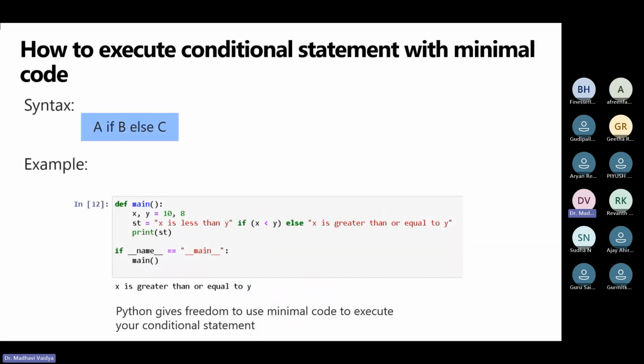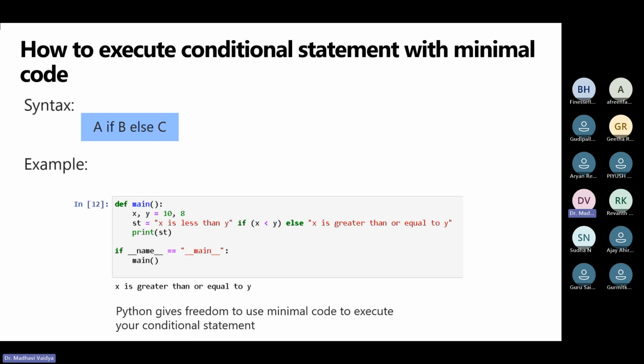Fine. So here, how to execute conditional statements with minimal code? Again, don't look at this def main and if __name__, because I'm not taking object-oriented programming. I haven't taken it at all until now. I will have to take it later by giving a special lecture. What is def main?